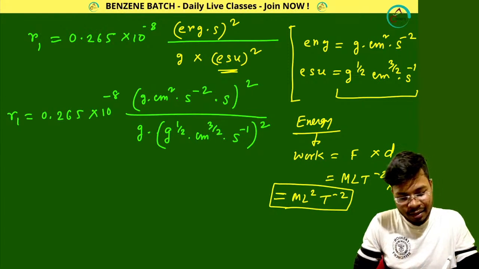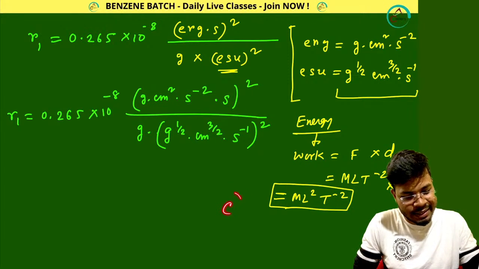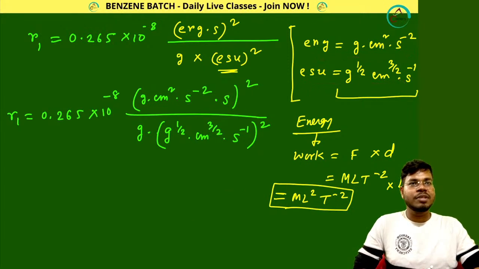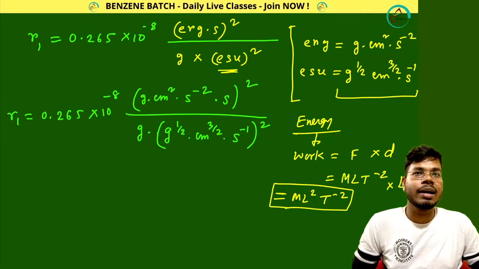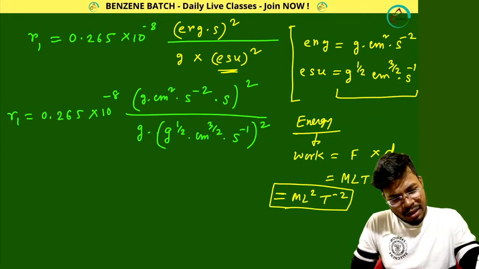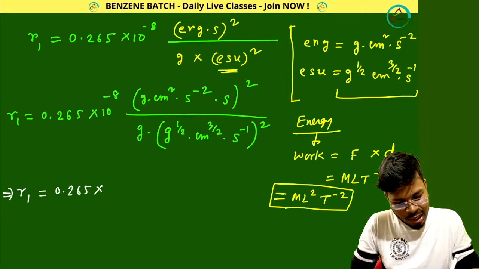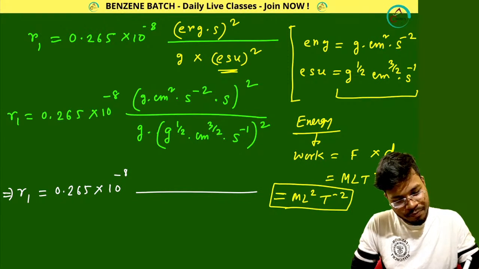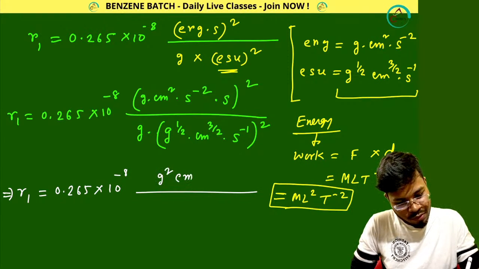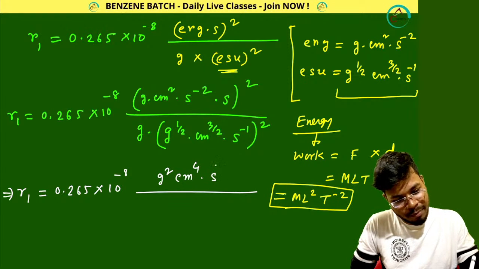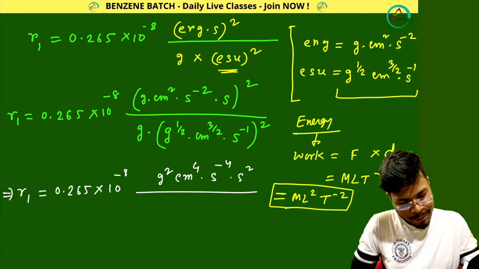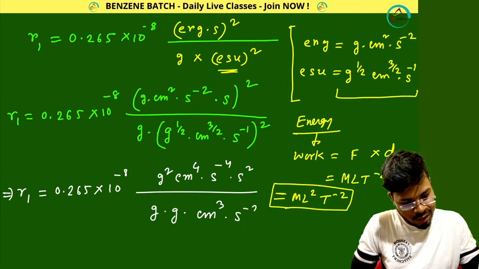Is that clear? If it is clear till now, write C. I have just put the value. So do one thing again: R1 equals 0.265 multiplied by 10 to the power minus 8, then gram square centimeter to the power 4, then second to the power minus 4 over second square, then gram centimeter 3 second minus 2.